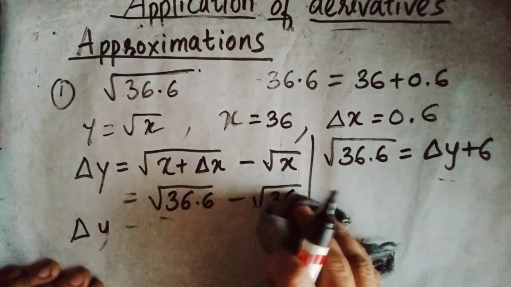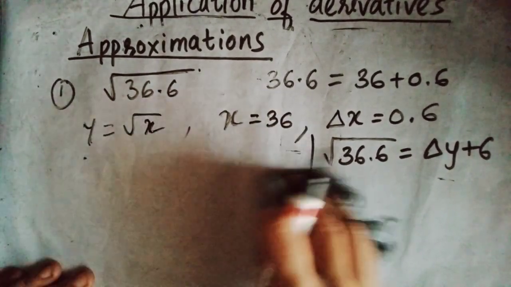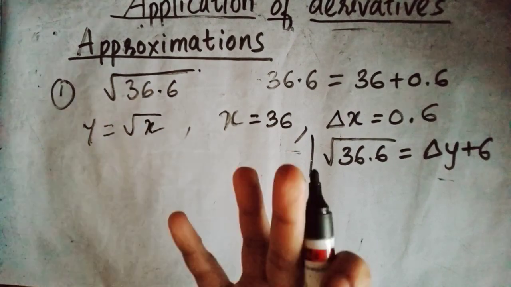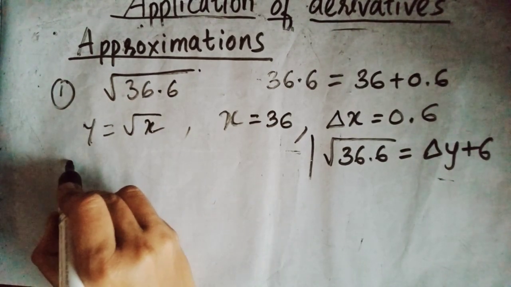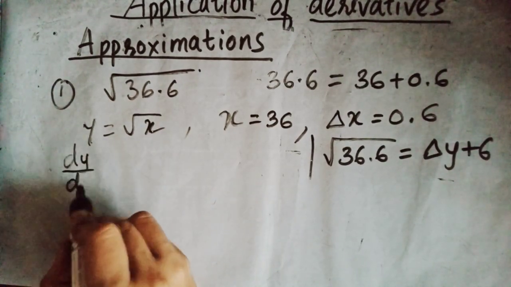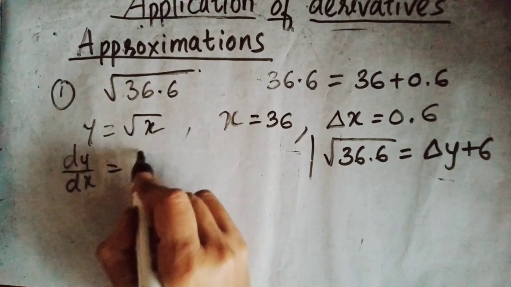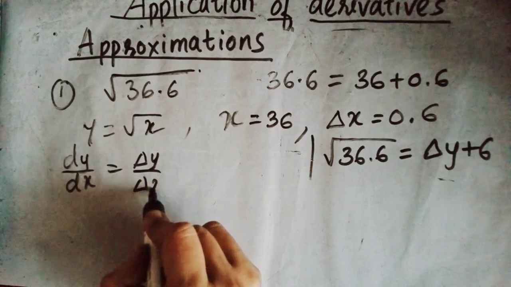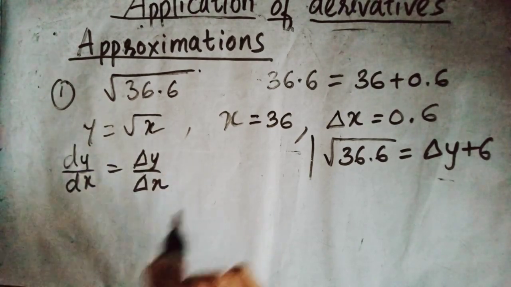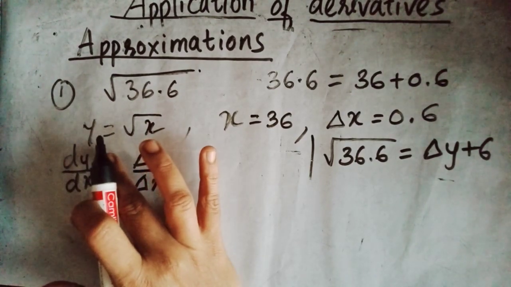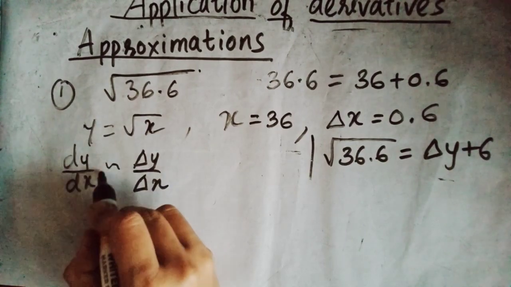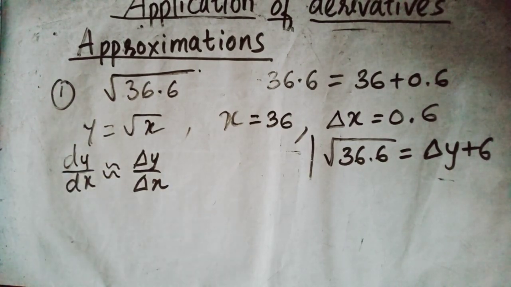We are taking the approximate value. So del y by del x, which is the derivative or change in y with respect to x, we can write as delta y by delta x, and this is the approximate value.